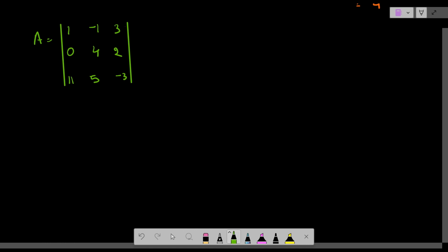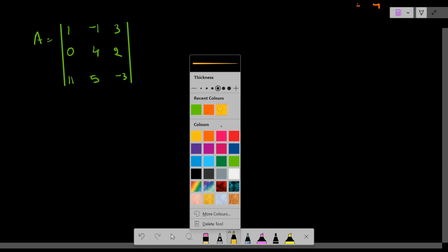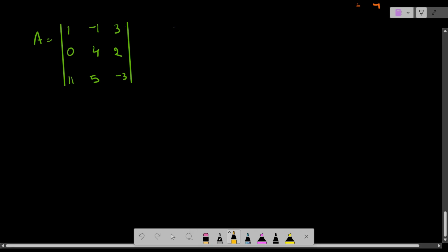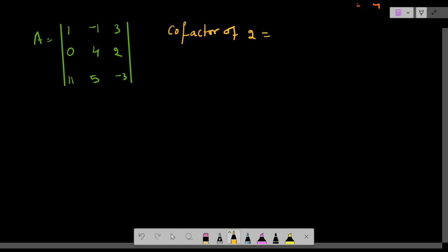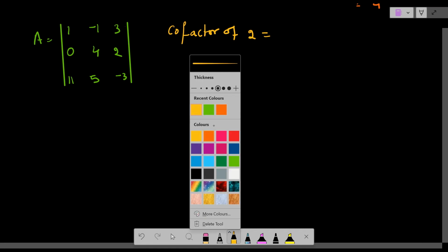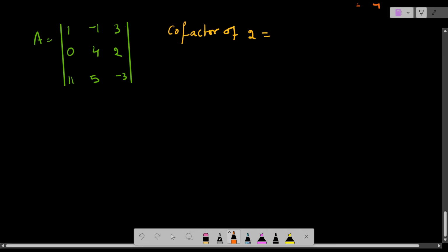So now the cofactor of 2 we have to find. For cofactors we have to consider the signs of each and every element. This is positive, negative, positive, negative, positive, negative, positive, negative, positive.